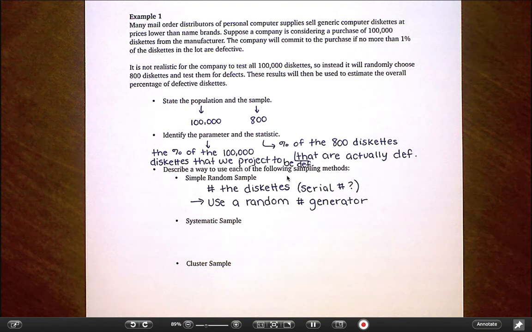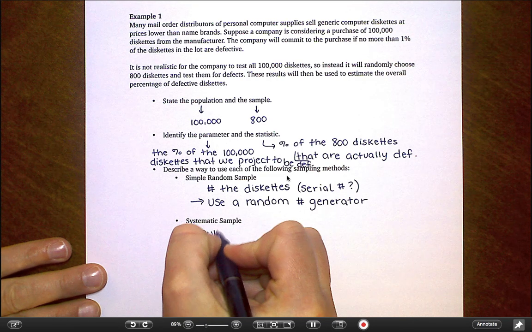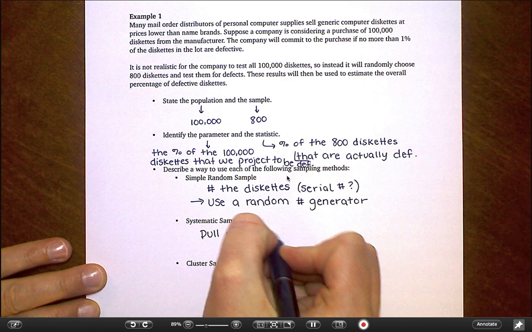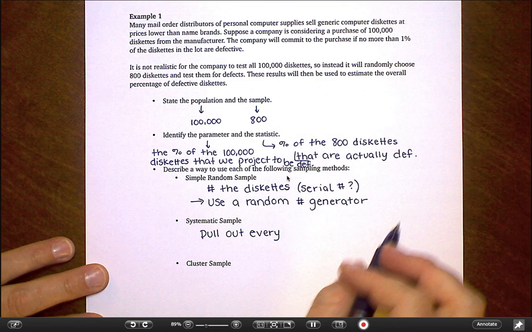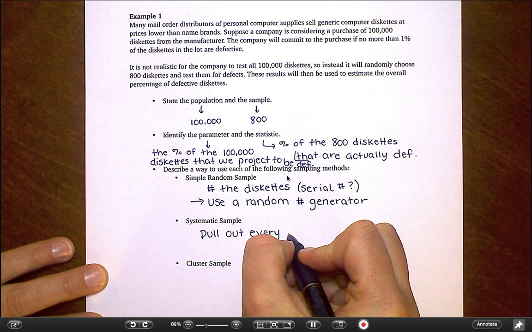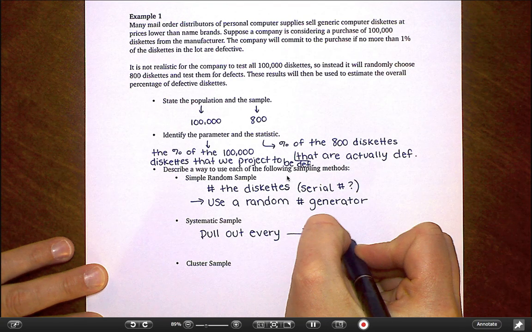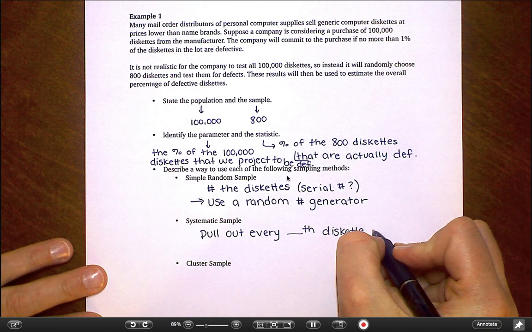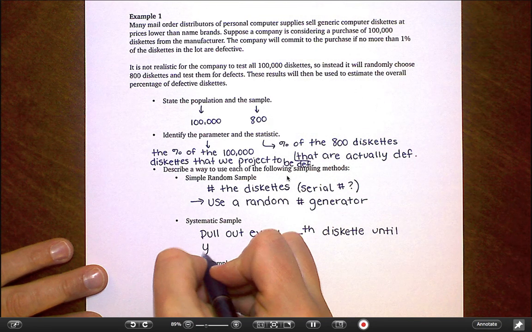A systematic sample would be something like pulling out every something diskette. So every fifth diskette or every 12th diskette, until you have 800.